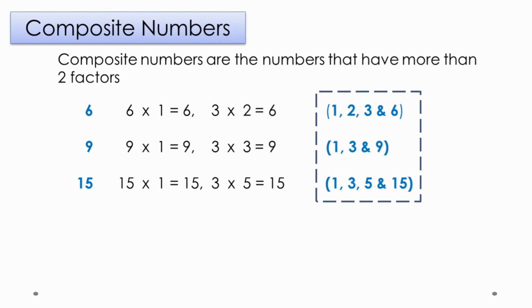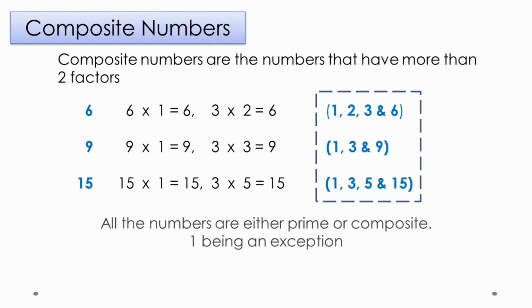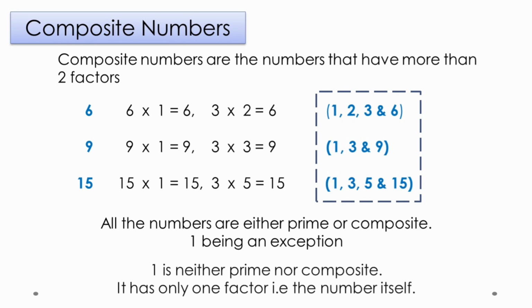As you can see, 6, 9 and 15 have more than two factors. So these are composite numbers. All the numbers are either prime or composite, 1 being an exception. 1 is neither prime nor composite. It has only one factor, that is the number itself.